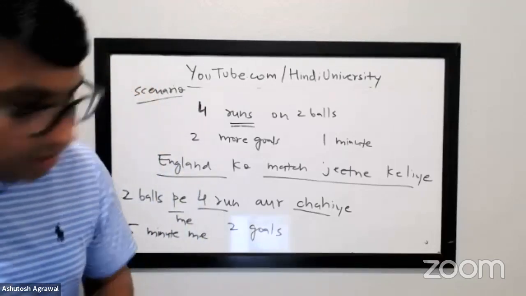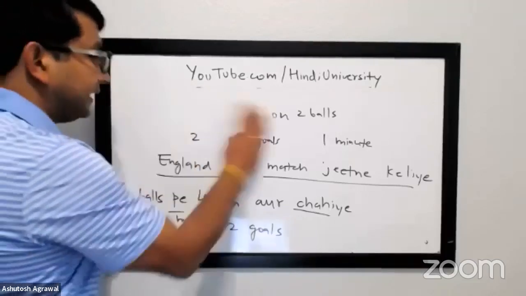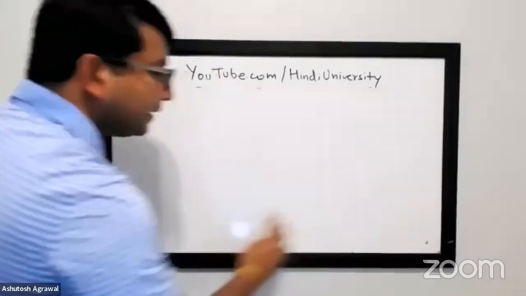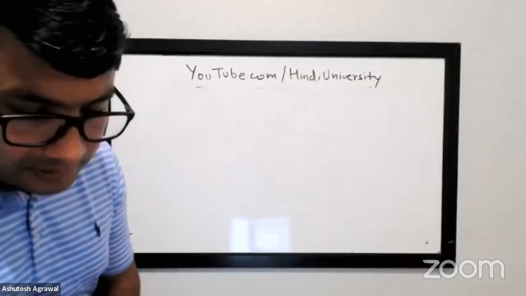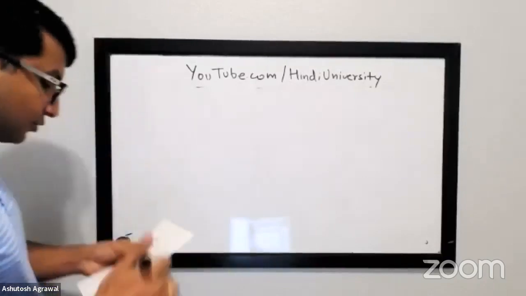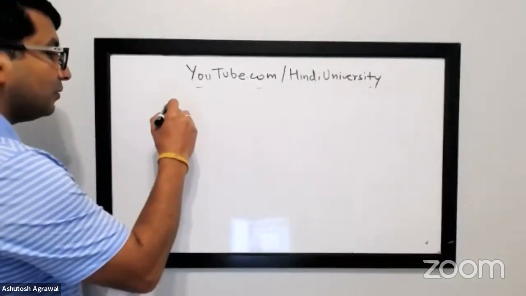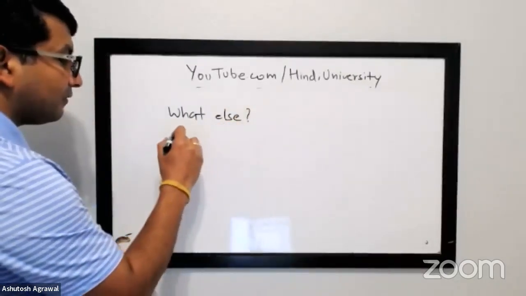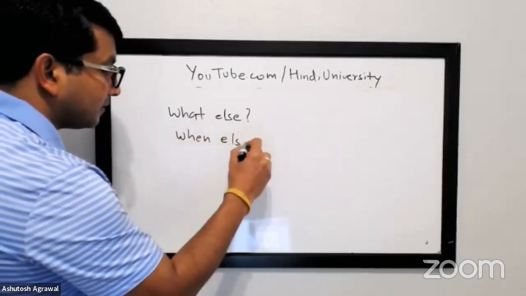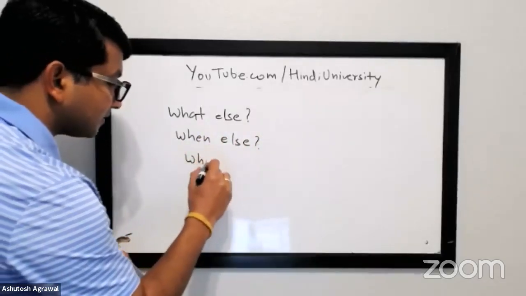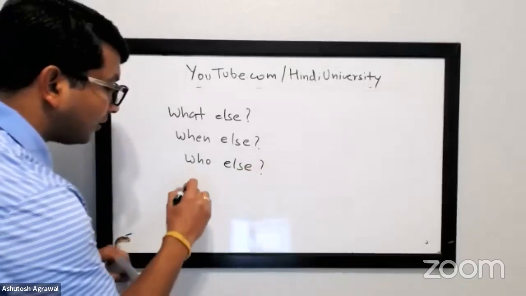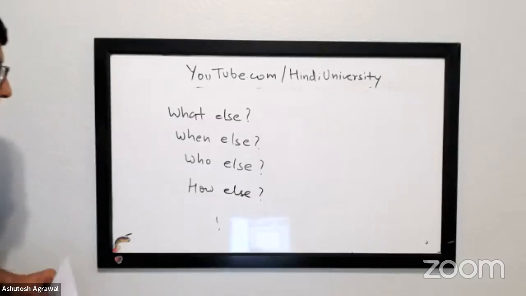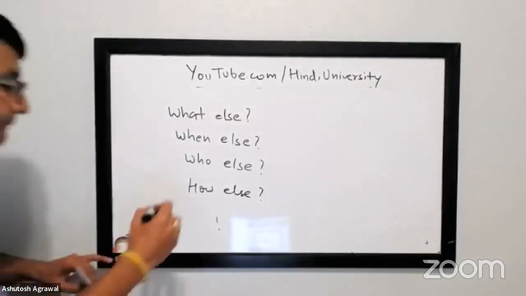Yeah, I couldn't cover it, but I can tell you what I'll be covering in the next class, which is a very interesting one. Somehow it didn't come before. A thing which you use in English also pretty frequently: interrogative along with an additional keyword, like what else, when else, who else, similarly how else, or where else.